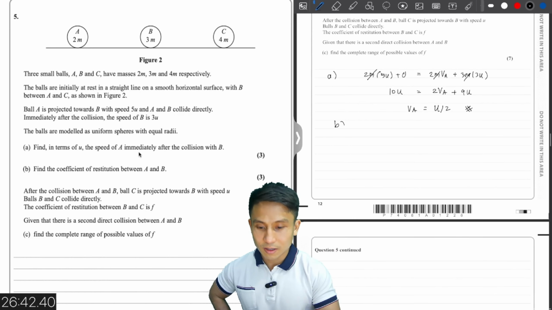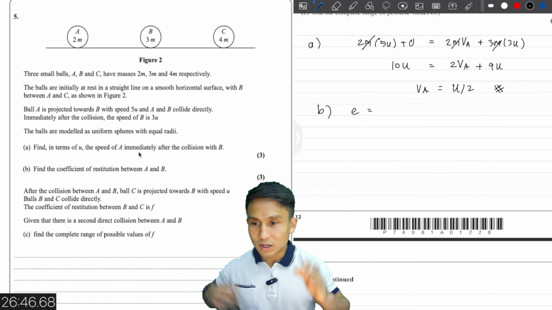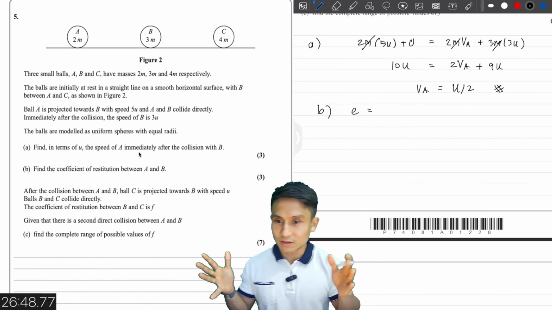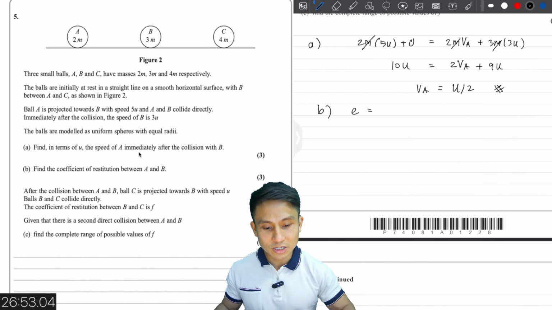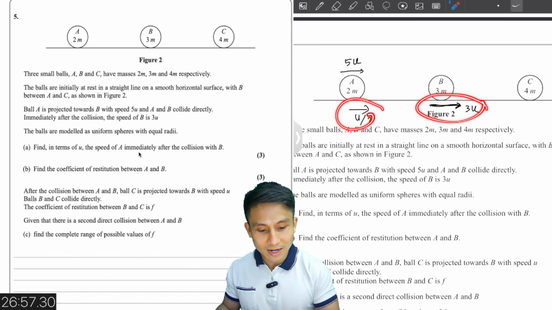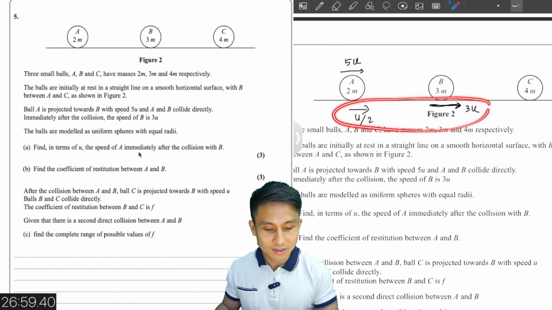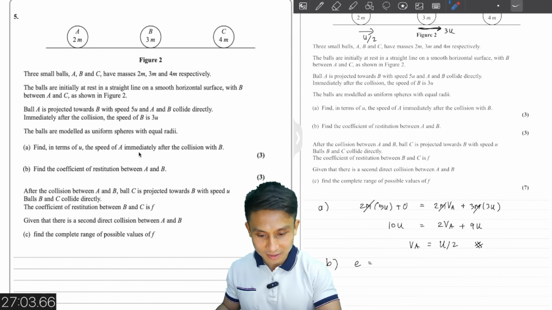And then B, coefficient of restitution. All right, so e is just relative speed of separation on the top divided by relative speed of approach. The separation means that, because this has to be greater than that, this is after collision, so we do 3u minus u over 2. It's relative speed, so we need to do subtraction there.